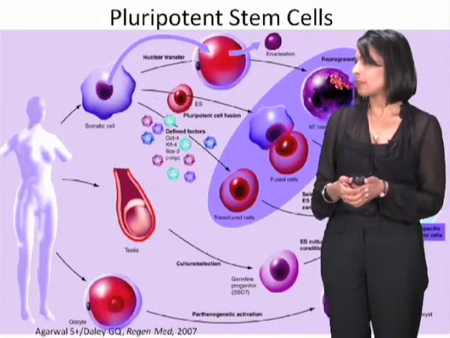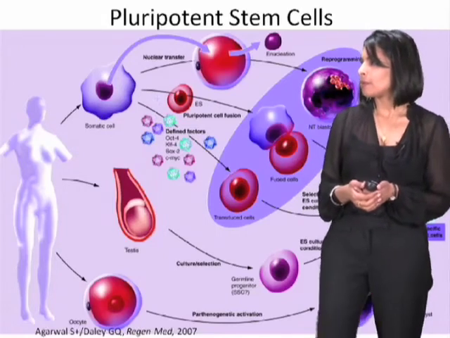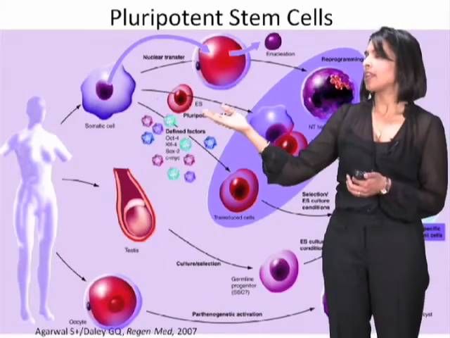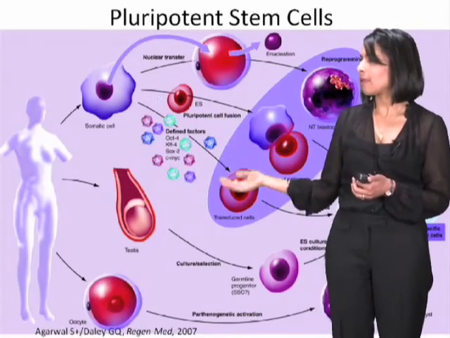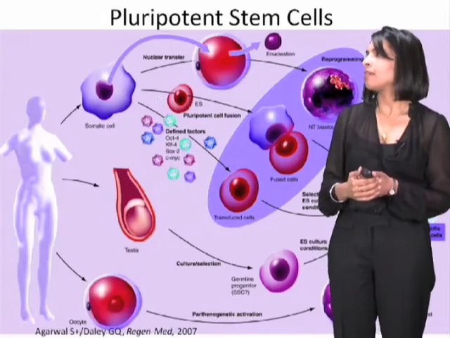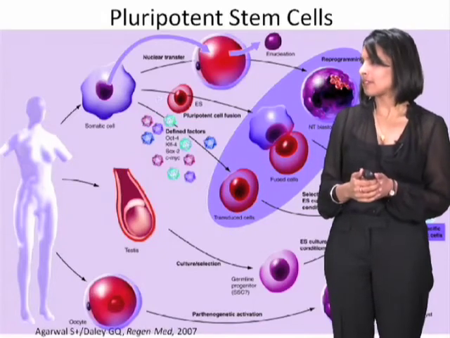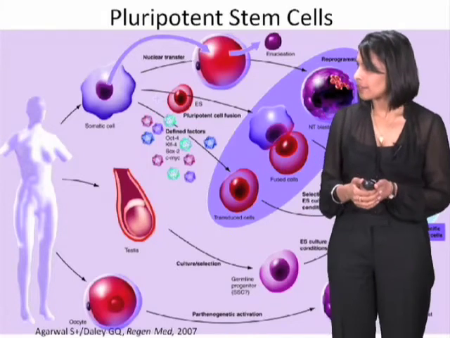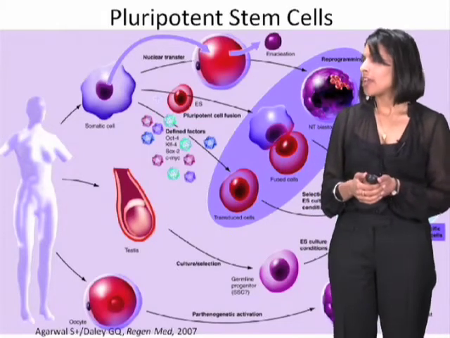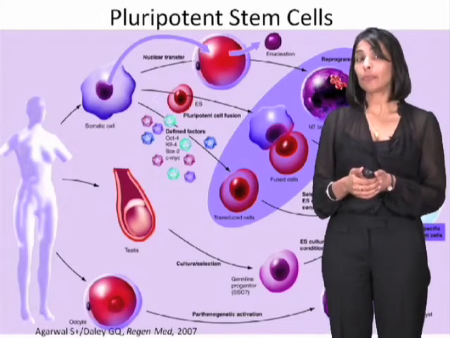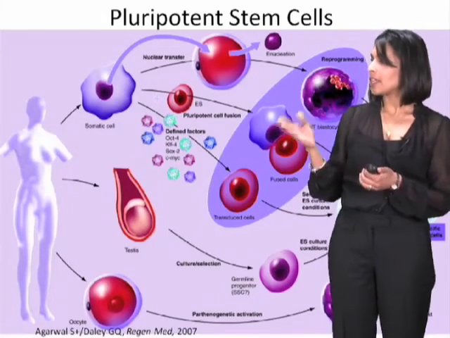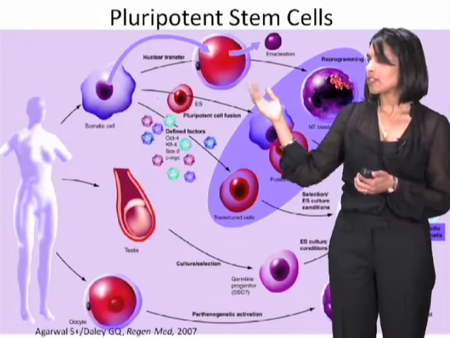Another way to create pluripotent stem cells from that patient would be to take the same somatic cell that we saw earlier and fuse it with an embryonic stem cell. And that process of fusion also generates patient-specific pluripotent stem cells. Finally, recently, in a very exciting set of discoveries, Yamanaka and coworkers have defined a way to reprogram somatic cells without going through an ES cell intermediate or an egg intermediate.